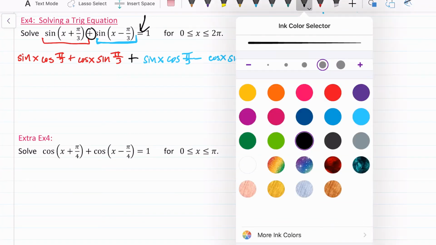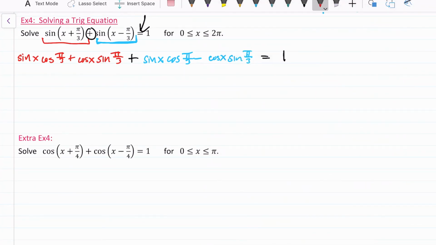Let's simplify these out. So this will give me sine of x. Cosine of pi over 3 is 1/2. Then we have cosine of x. And then sine of pi over 3 is radical 3 over 2. Pi over 3 is the same thing as 60. Plus sine of x. Again, cosine of pi over 3 is 1/2.